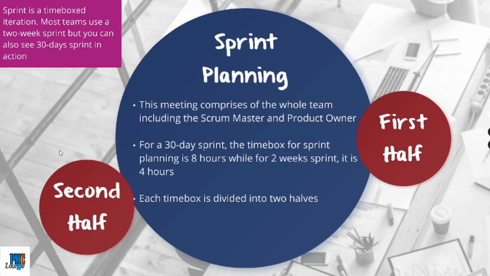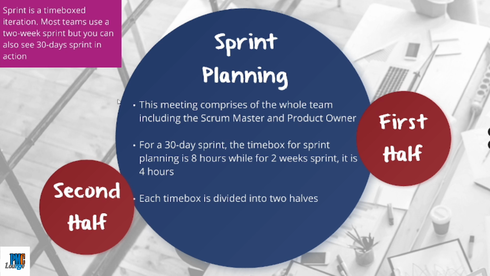So it depends on department to department, company to company, how long a sprint they want to go for. It is a time boxed iteration, which means it is an iterative thing. It happens again and again in a certain time box.